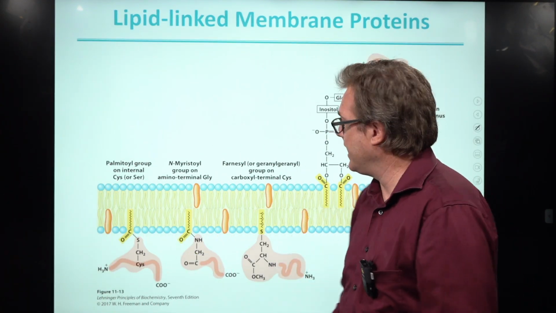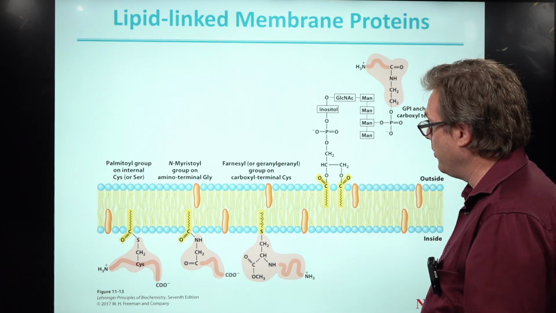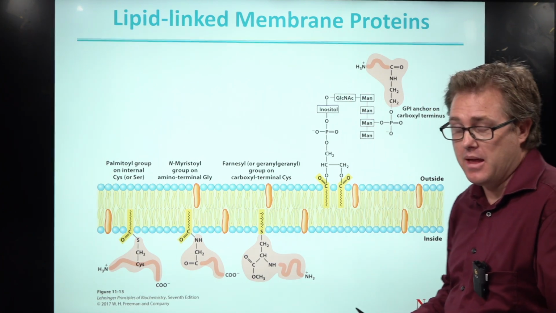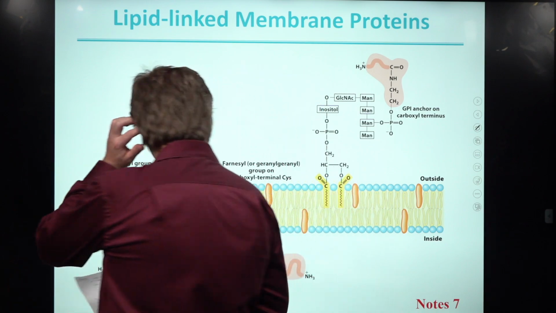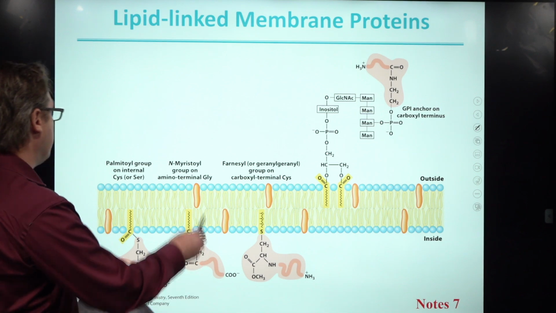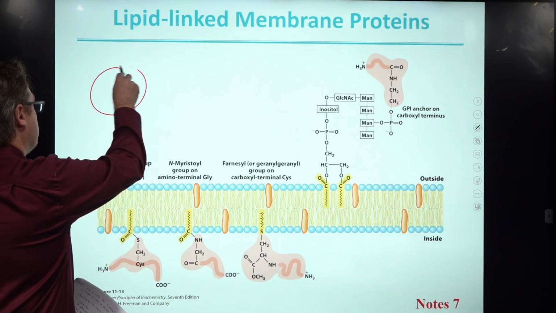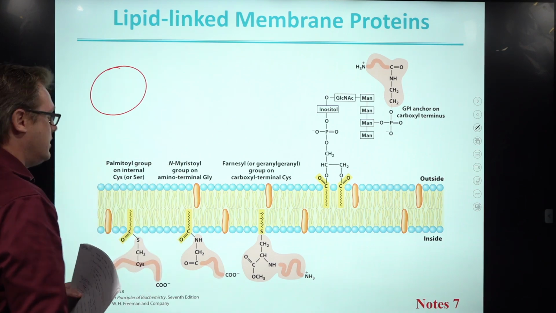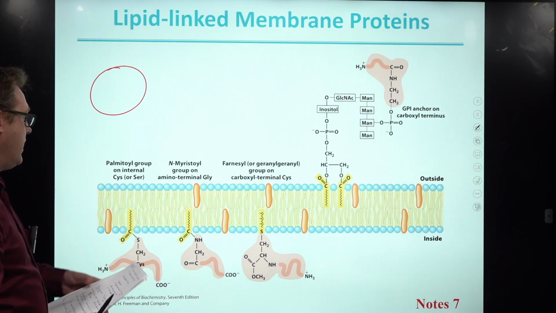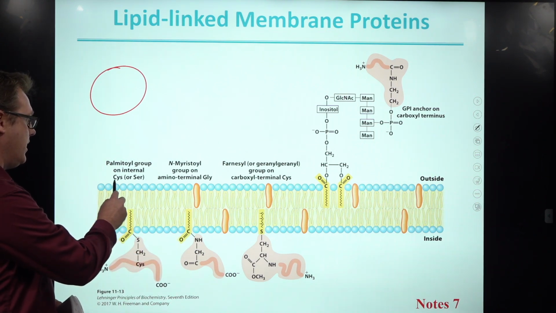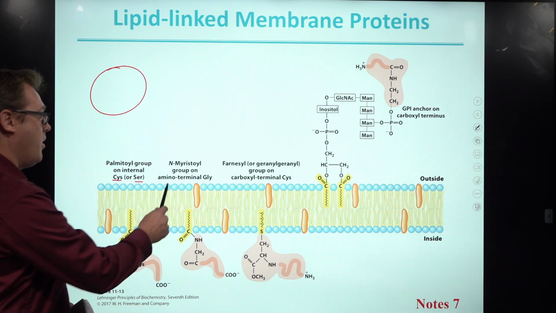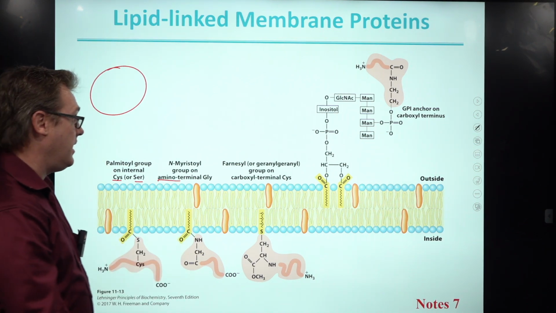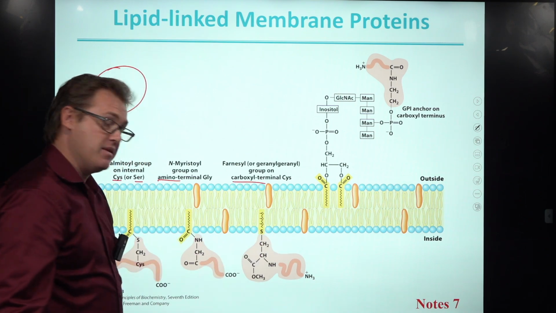So in this slide, I have 4 examples on how we can link a protein to a membrane. And generally speaking, what's happening here is we can have a protein represented by the circle here, and you can see here either on the internal cysteine or serine, or the amino terminus of glycine, or the C terminus of cysteine.